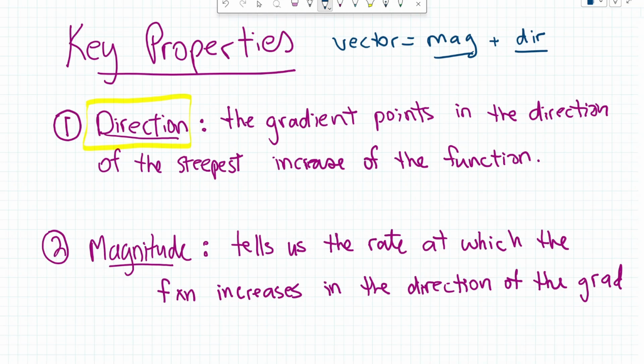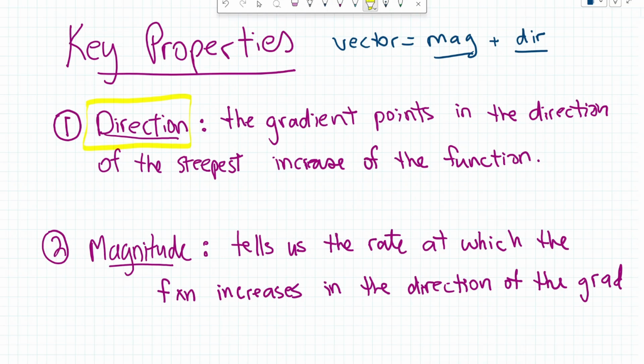So we might ask ourselves, what does the direction represent for a gradient? Well, the direction of a gradient points in the direction of the steepest increase of the function. So it's the line of steepest ascent, okay? We're looking for that maximum ascent, the steepest increase of our function, and that is the direction that our gradient points in.